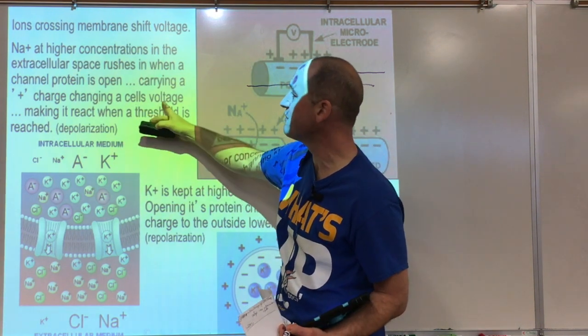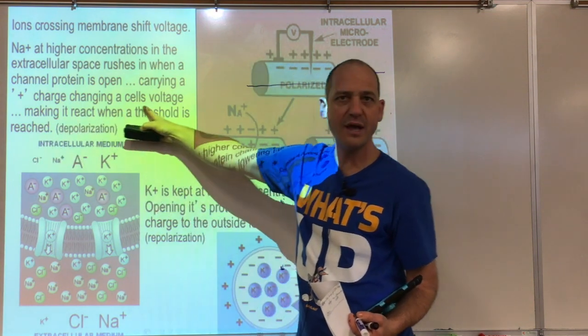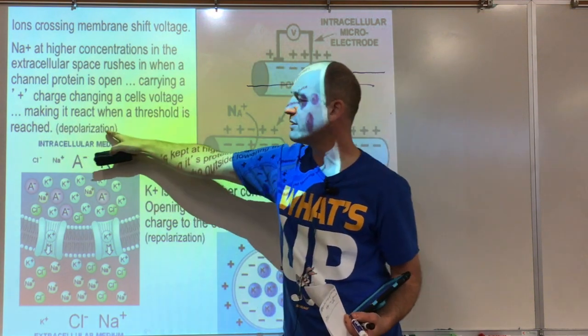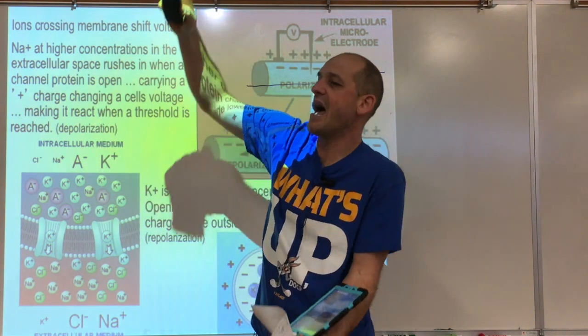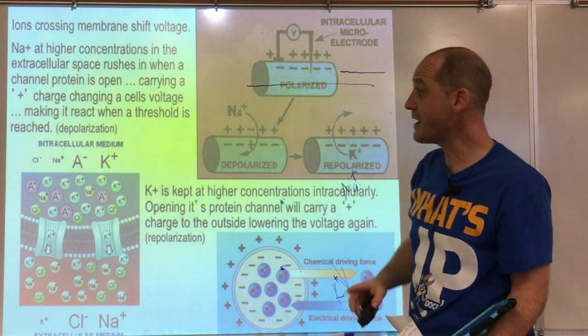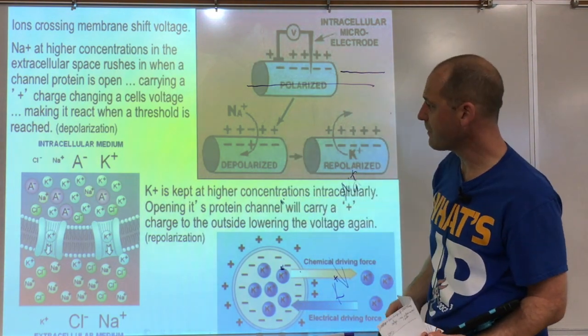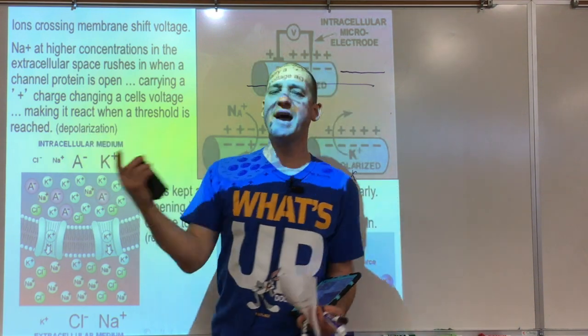And that changes the voltage, making the inside a little bit more positive than it was before. They call that depolarization. So it's not negative 70, it's now only 20. It's not that big of a gap anymore. And then it flips, it goes into the positive. And now we have a cell that has fired.